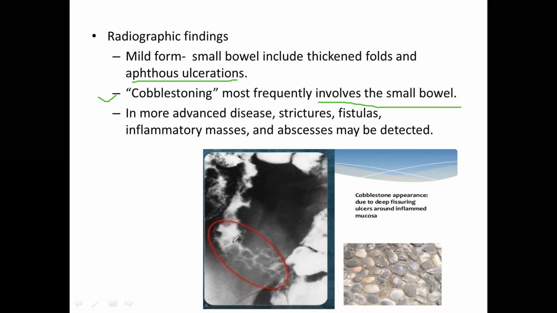On a radiological examination, here you can see the cobblestone appearance of the colon. Then in more advanced disease, you will get strictures, fistula, inflammatory masses, and abscesses, which we have already discussed in the pathology part and in previous slides. So all these findings you will get on radiological investigations.